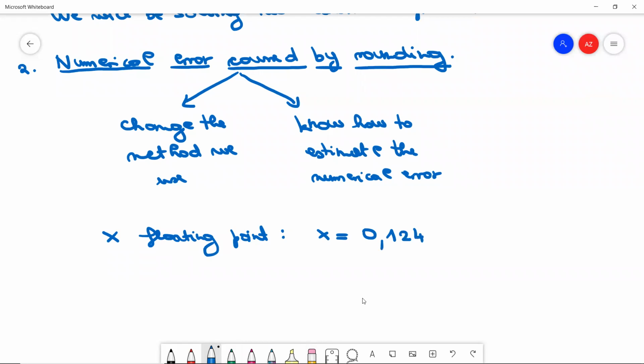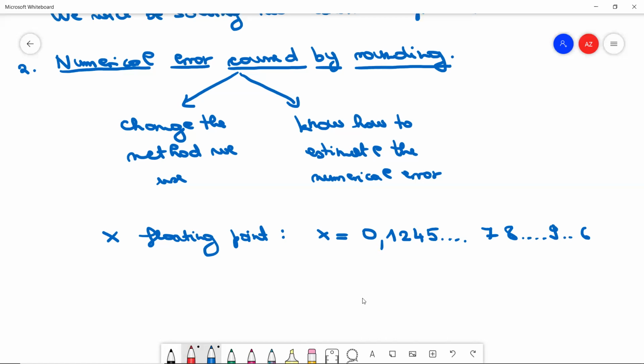If we work in the binary system, then we have only zeros and ones. But let's say that we are in the 10-digit system, so we have 1, 2, 4, 5, and so on, 7, 8, and so on. And because we are limited only to finitely many places, from somewhere on, we just cut the remaining part.